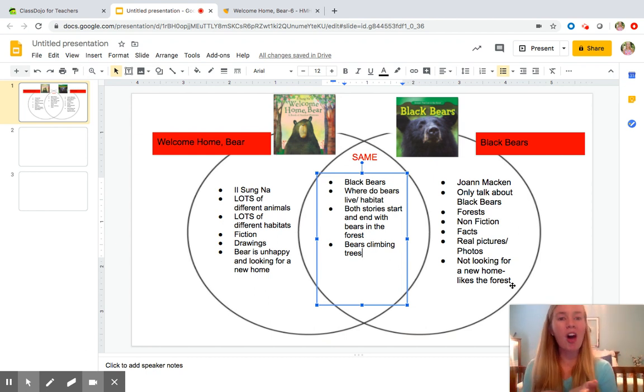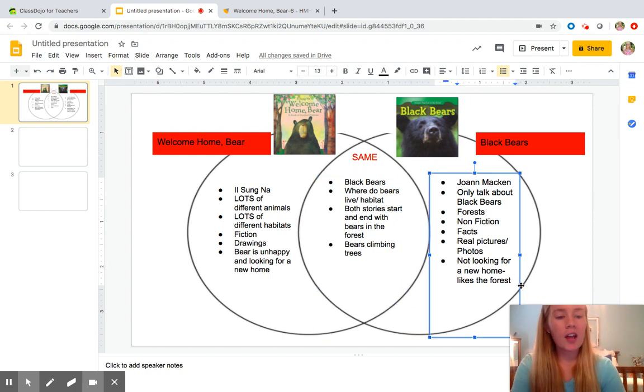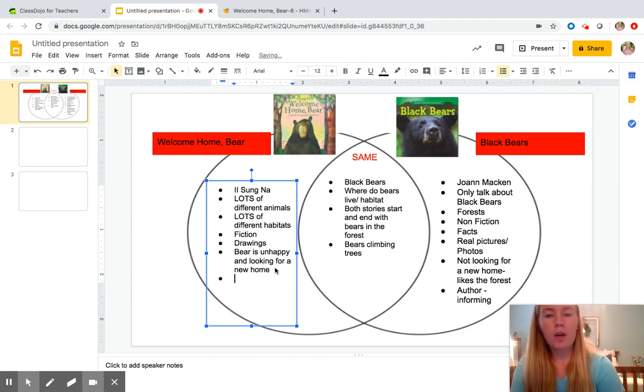Let's talk about the author's purpose. What is the author's purpose for writing the story Black Bears? Why did the author write this story? The author wants to do what? If the author is teaching us, they want to inform, right? The author is informing. What about the story Welcome Home Bear?